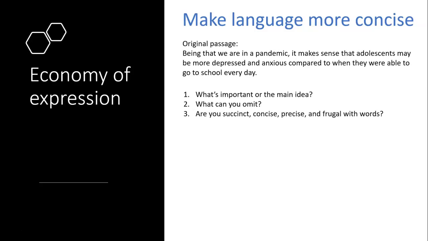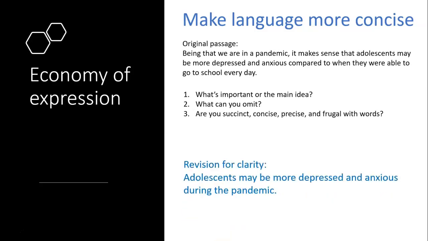What words can you omit? And is it concise, and how can you make it more so? And ultimately what we're trying to do is distill down to the basic elements, what's the main point?